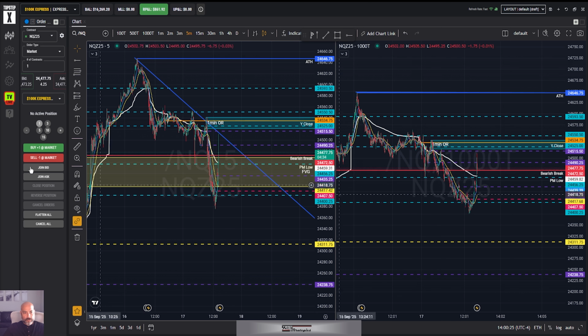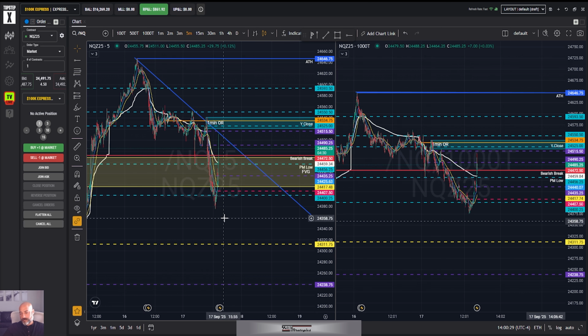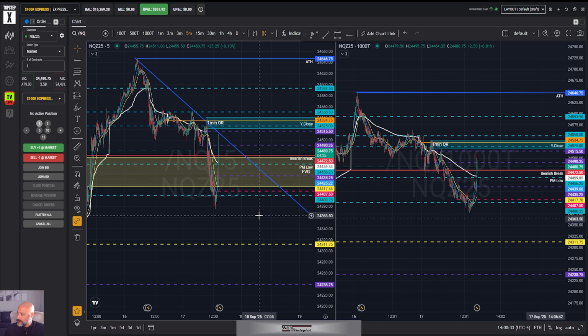There we go. It's going to wipe people out from both ends, longs and shorts. 25 basis points.